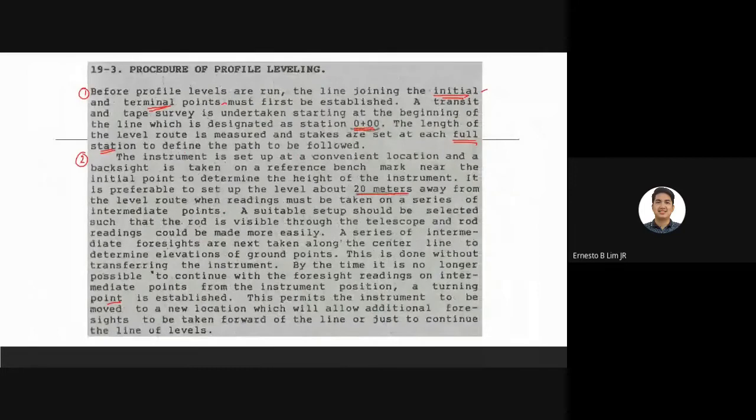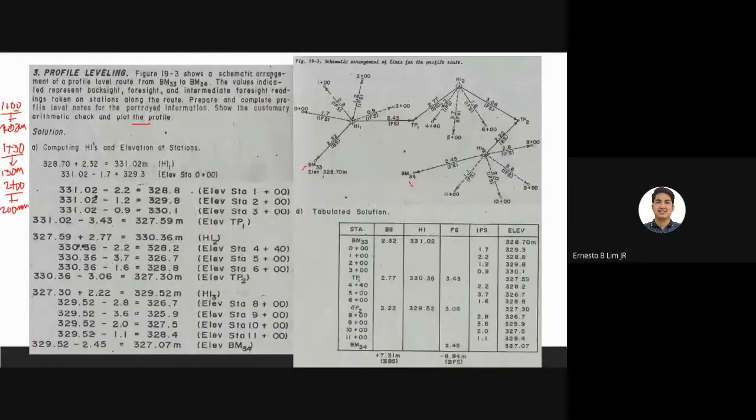Then the instrument is set up at a convenient location, and a backsight is taken on the reference benchmark near the initial point to determine the height of the instrument. Okay, so correction: this is your BM33, and 0+00 will be your initial point for your terrain.